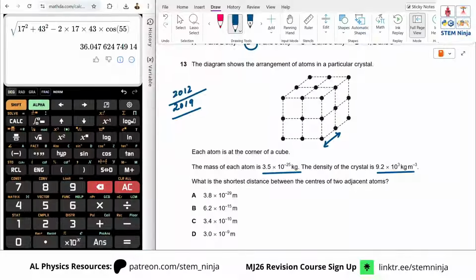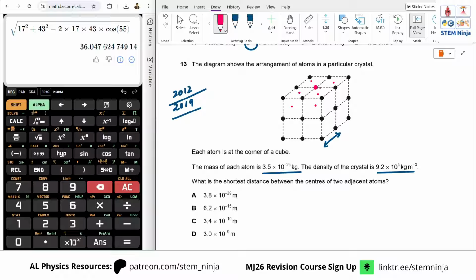One thing you need to see over here is how many unit cells every corner atom is shared by. For example, this is a unit cell, this is a unit cell, this is a unit cell, this is a unit cell. As you can see from the top, this pink one is shared by 4.